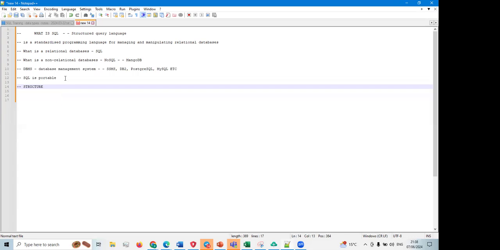Or rather, let me do it from the back. Language. What do we mean by language or query? Let me combine them: query language.